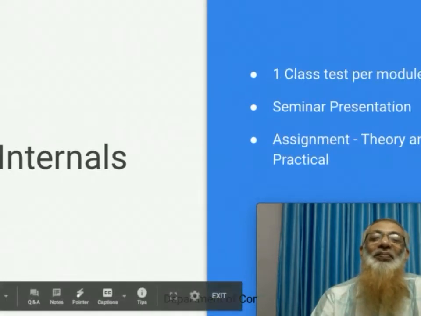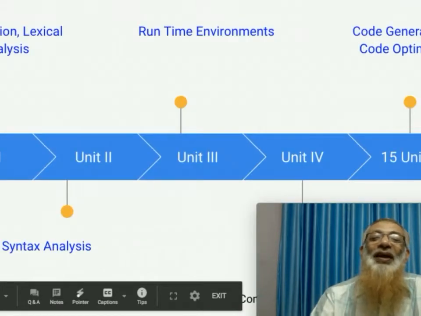We will skip these portions for the time being. Now, let us see how the modules are arranged in this topic. In Unit 1, introductory concepts of compiler, followed by a discussion on lexical analysis, is being done. Unit 2 is about syntax analysis.